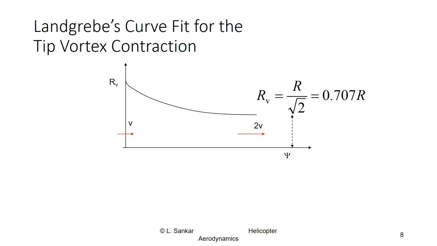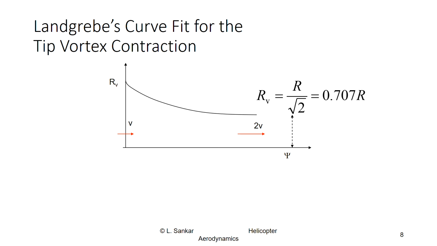So if the velocity is 2v, the area in the far downstream should be 1/2 of the rotor disc. That means the radius ratio should be the square root of pi r squared in the far wake divided by pi r squared in the rotor disc. It should be 1 over the square root of 2. So the tip vortex radius in the far wake is roughly 1 over the square root of 2 times R.